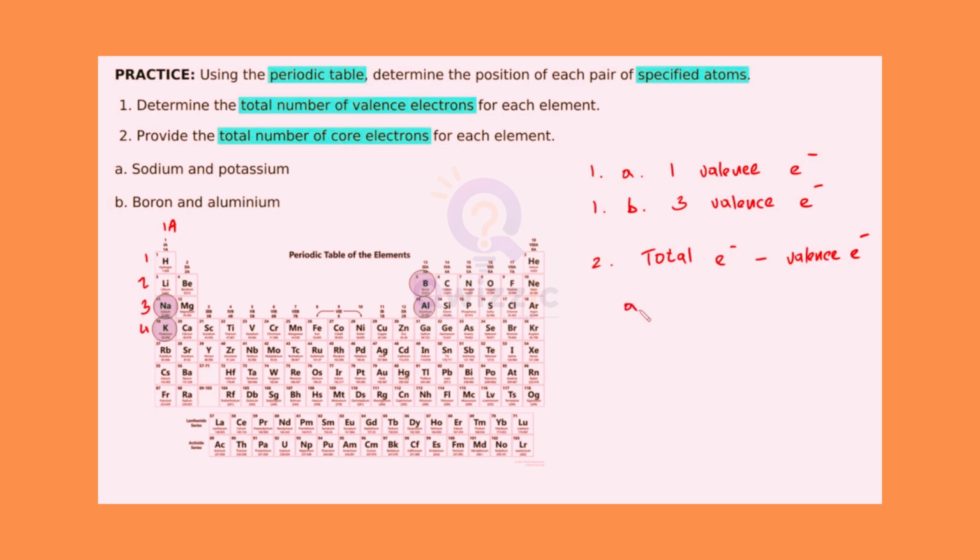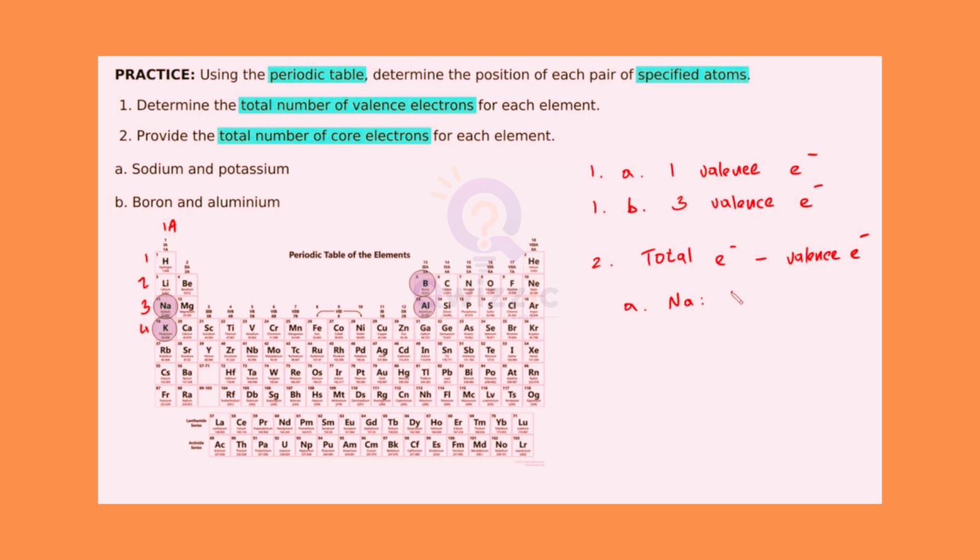If we look at A, and if we think about sodium first, to find the total number of electrons that sodium has, we simply want to look at its atomic number. Sodium has an atomic number of 11. So an atomic number corresponds to the number of protons and the number of electrons in that atom.